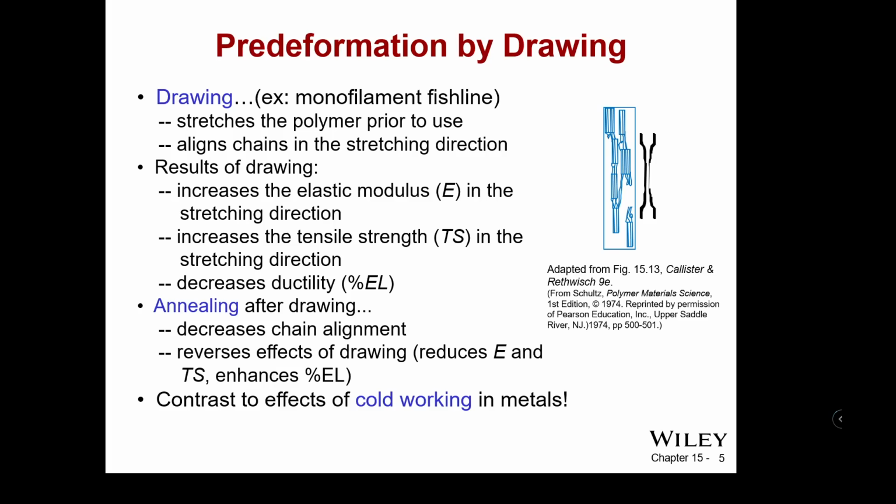So the annealing can be done after drawing that will decrease the chain alignment. It will reverse some of the effects of drawing. It will reduce the elasticity, reduce the tensile strength, and increase the ductility. And that is a little bit different, but not hugely different from the way that something like cold working in metals happens.